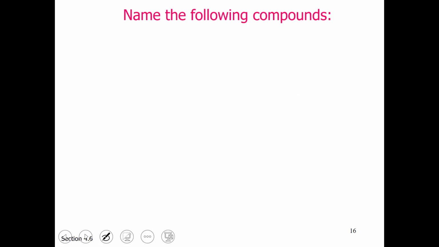So, here's some examples. Name the following compounds. Cobalt with chlorine. Cobalt is a transition metal. I think we're going to have to specify its oxidation state. So chlorine would be -1, and the cobalt in this compound would be +2. So we would call this cobalt 2 chloride.